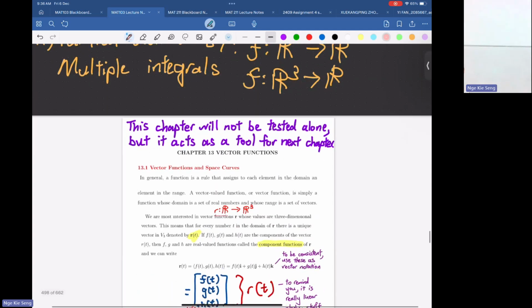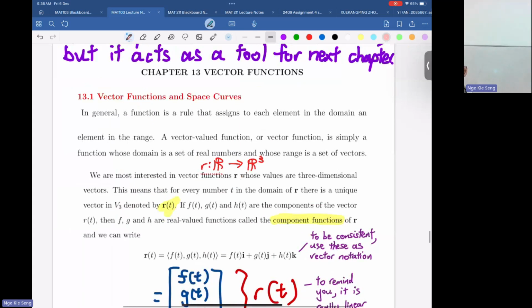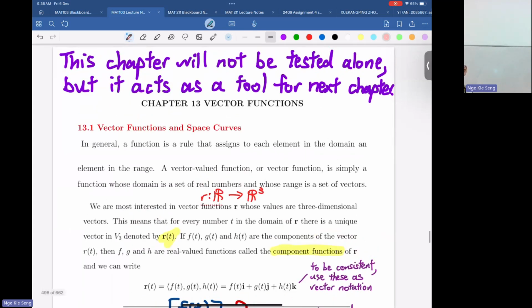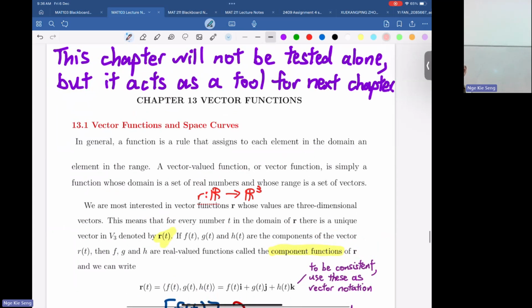It's just to recall some knowledge, and this knowledge will be used in the next chapter. This chapter won't be tested, but we will use this language in the next chapter. So I will quickly run through this.